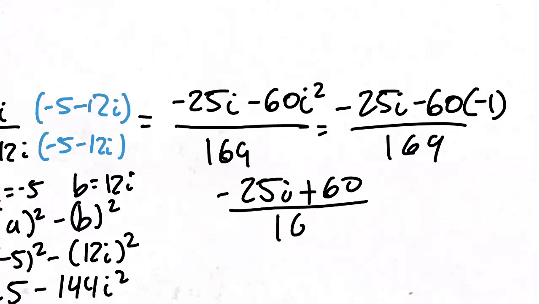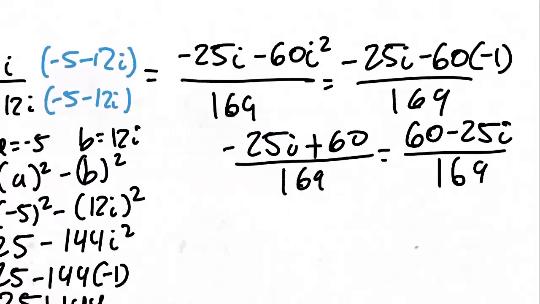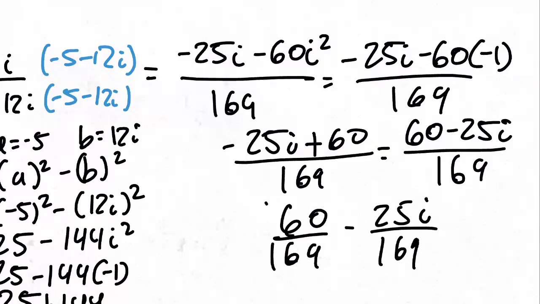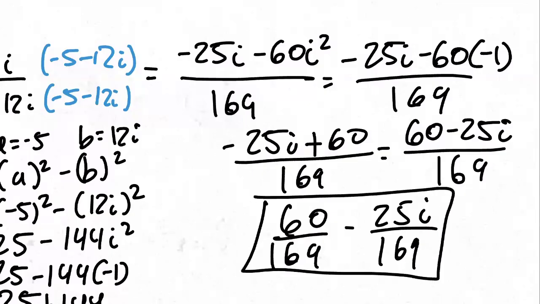Positive 60. But I want you to write it in standard form. If you really want a more convoluted way of simplifying it, you can simplify it even more technically. So technically, this is the most accurate answer.